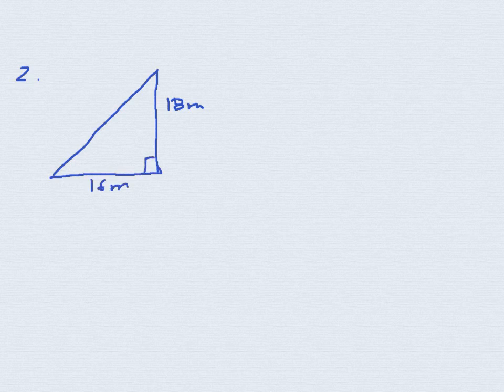What is the angle of elevation of the sun? The angle of elevation is always the bottom of your triangle made looking up to the top of your object and between the horizontal. So the angle in there is the angle we're trying to find. We don't know the angle, but we want to find the angle. With respect to that angle, the 18 is the opposite side, and the 16 is the adjacent side.